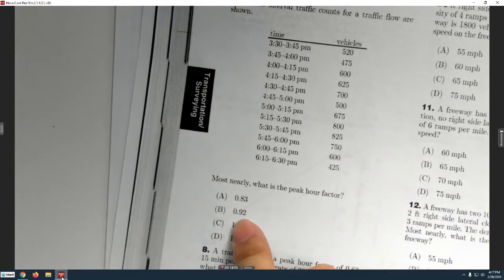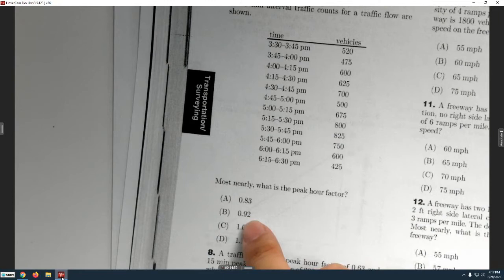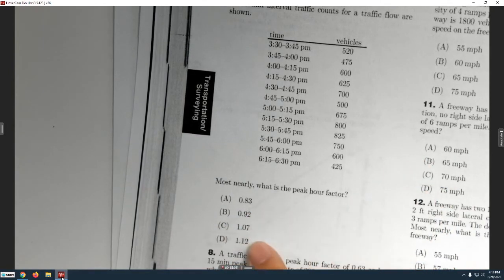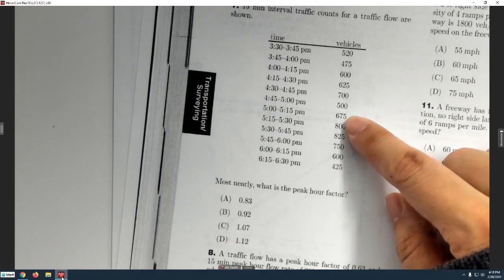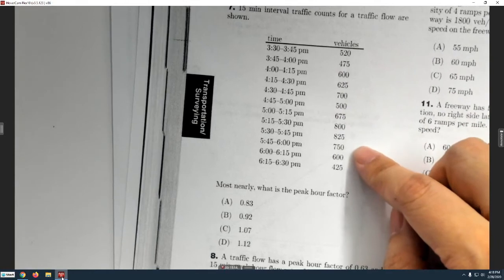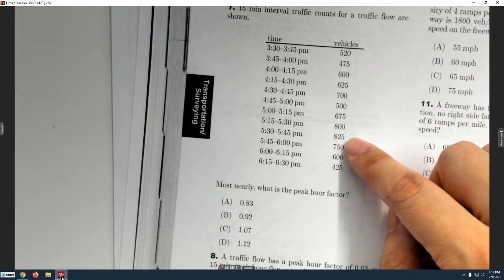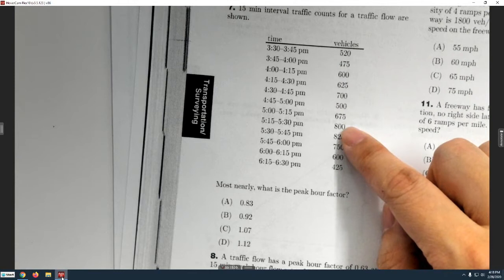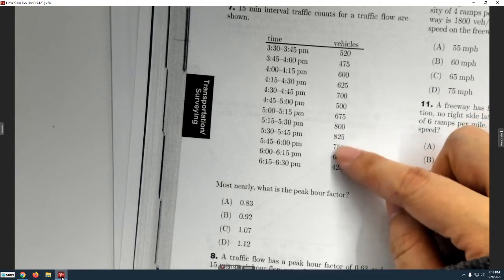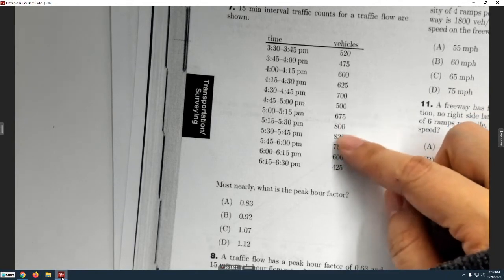Okay. Another thing you can remember is a rough estimate. First, based on the definition of peak hour factor, there's no way that this factor is above 1. It's always between 0 and 1. So you can easily exclude C and D. Then for the peak hour volume, this one is a bit hard to tell immediately, but from here to here, you can get a rough estimate of the variation over this 1 hour.